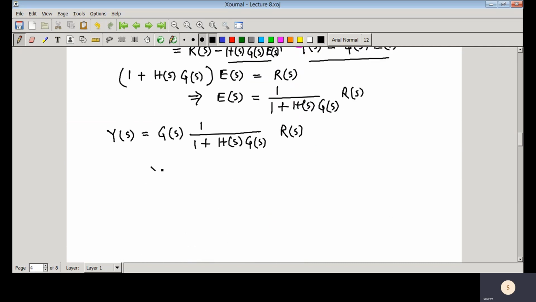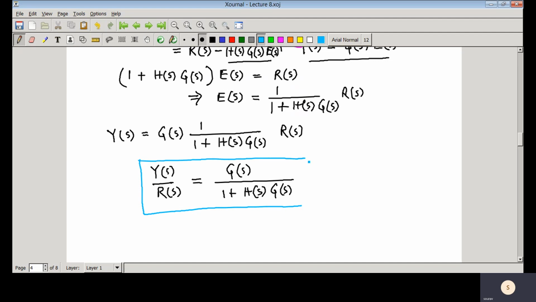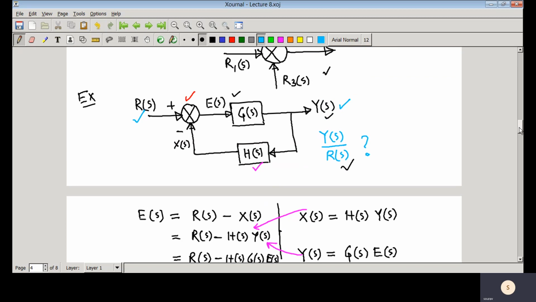So that means Y(s) by R(s) equals G(s) by 1 plus H(s) G(s). So this is the transfer function. This is the transfer function from reference command R(s) to Y(s).